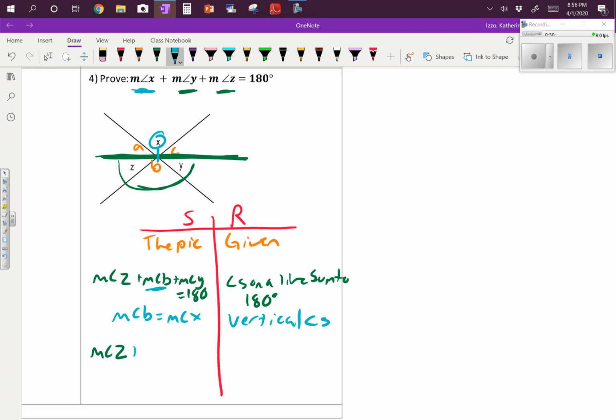Instead of measure angle B, I can write measure angle X, since measure angle X is the same as measure angle B. And then plus measure angle Y equals 180. And all I did was substitute the X for the B, at which point I've got X plus Y plus Z equals 180.